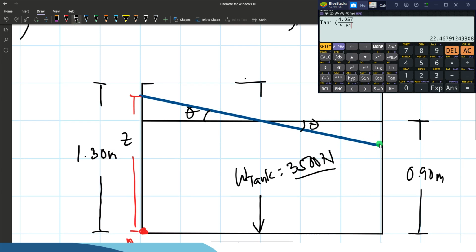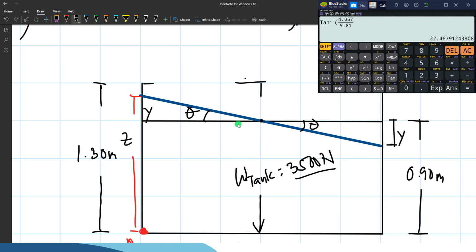So if the depth of fluid changes on this side, that change in elevation is just the same on the other side. Let's say this is distance y, this is also distance y, or the change in depth of the fluid. So let's compute distance y.